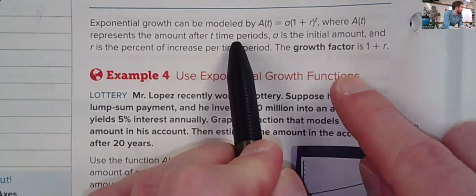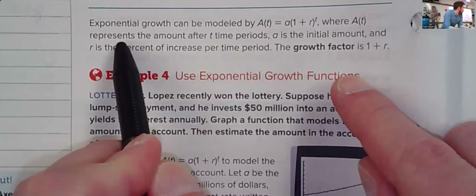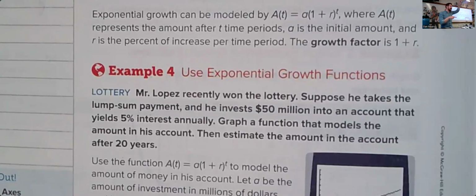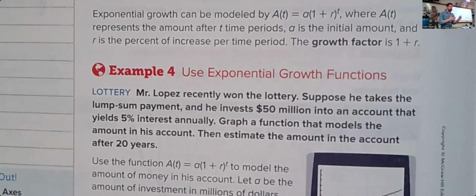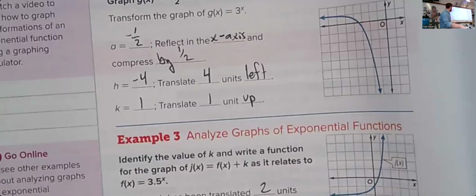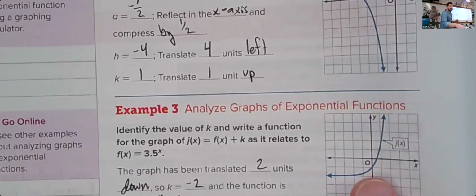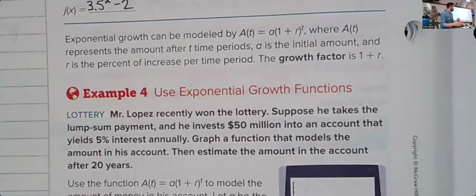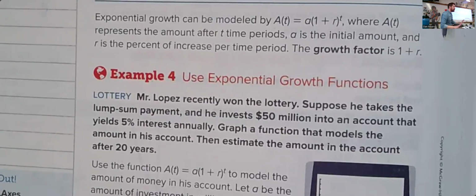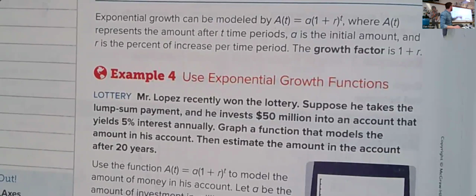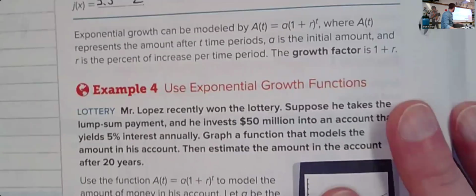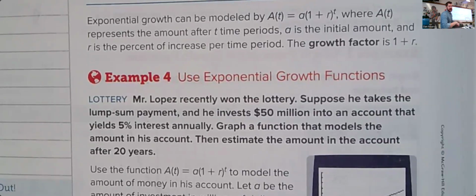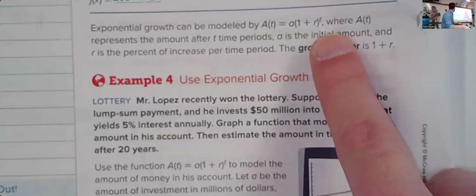So this is a specific exponential growth model. And if things are growing, they are growing over time, which is why t is specifically used here. These are just generic functions, x and y. These ones have to do with growth over time. They represent the same thing because they're going up, but this one has specifically to do with things that are growing in size over a certain amount of time, which is why we're using t.